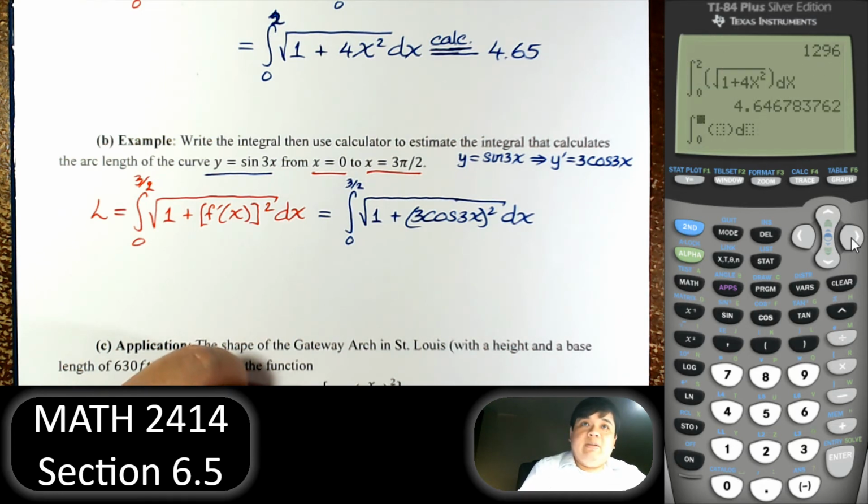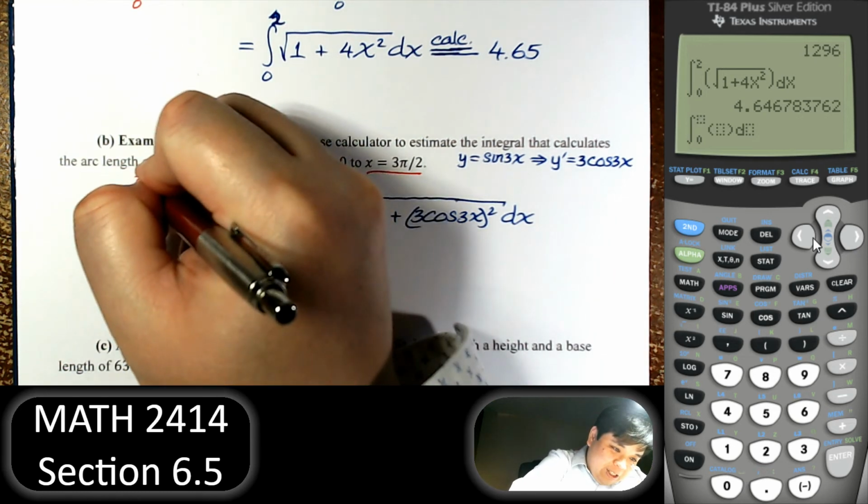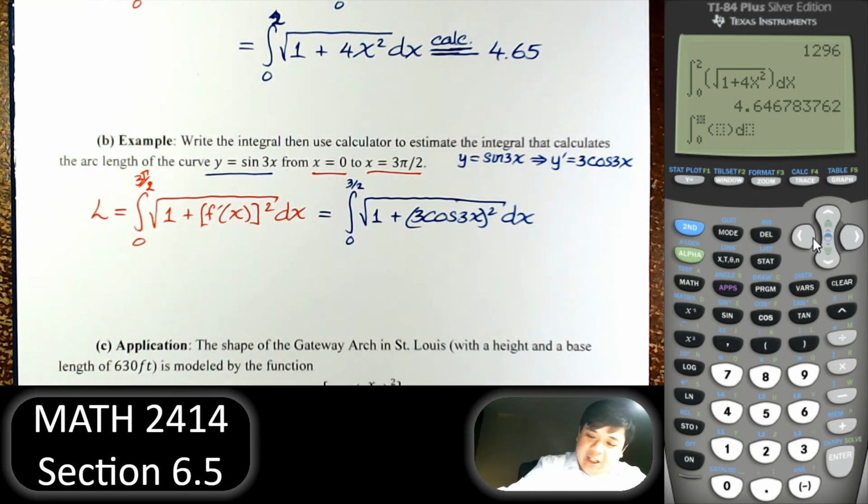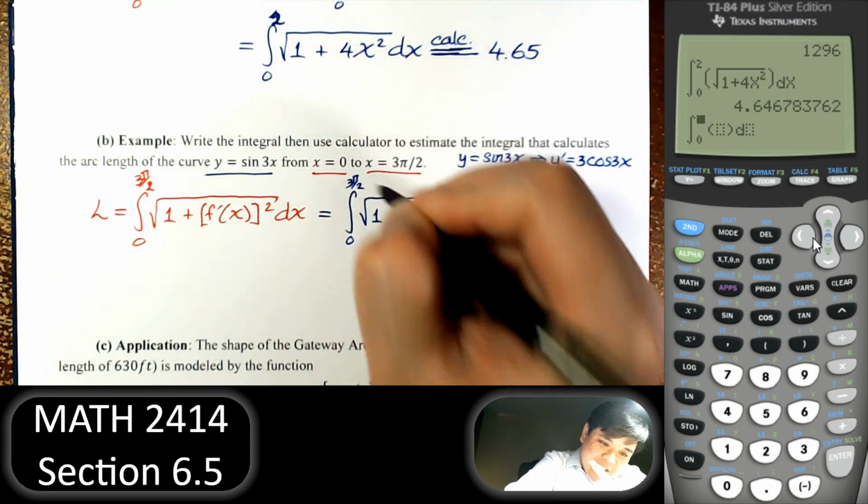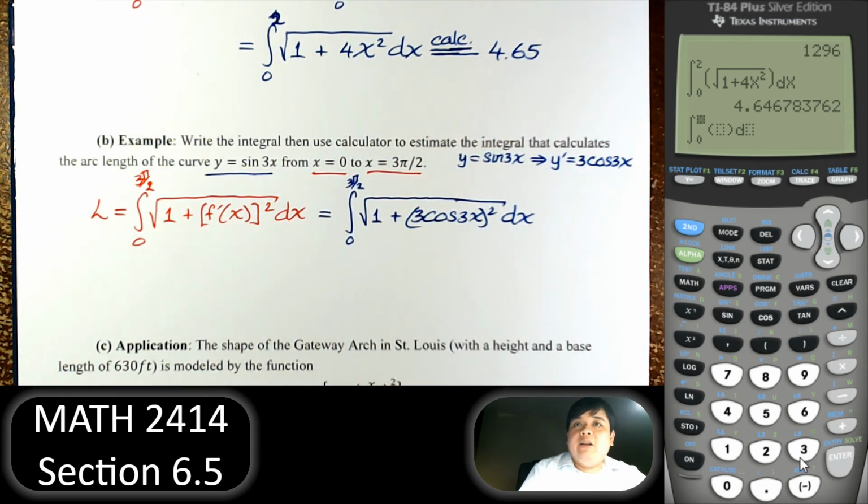0 to 3 over 2, sorry, 3 pi over 2. Three pi over 2, square root of 1 plus 3 cosine 3x, squared.